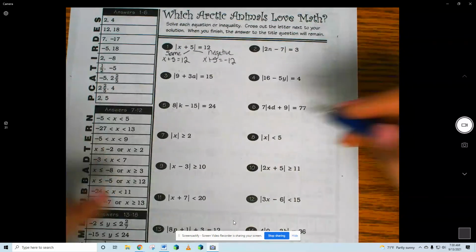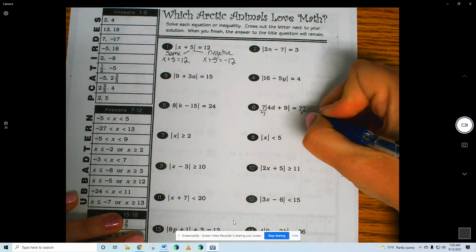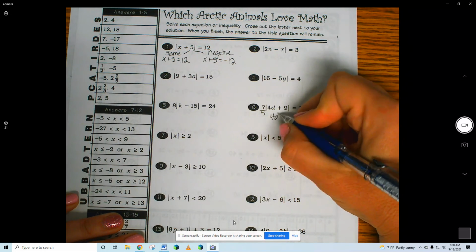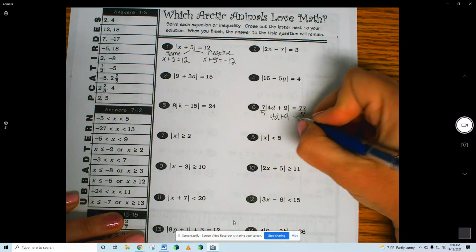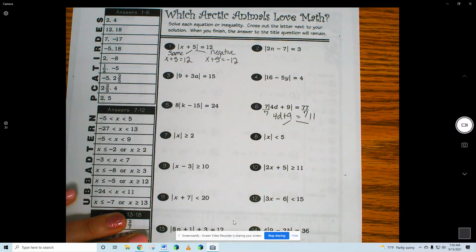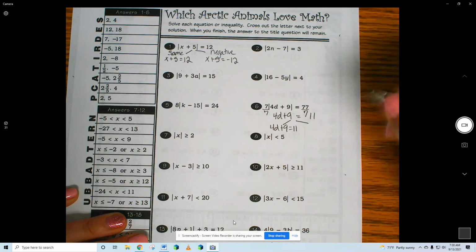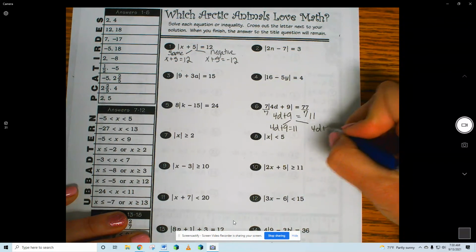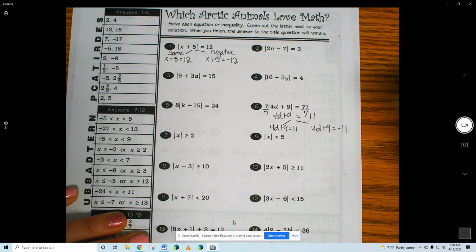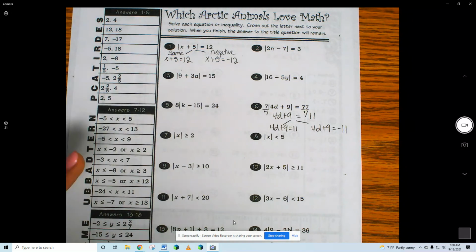If it's something like number 6, I'm going to have to divide by 7 first to isolate. But remember, you're doing this on a separate sheet of paper. Equals 11. So I'd have 4d plus 9 equals 11, the same. And then 4d plus 9 equals negative 11, the negative version of it. So it's two-sided.